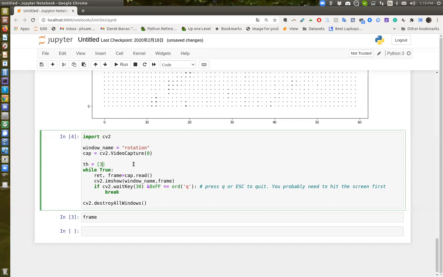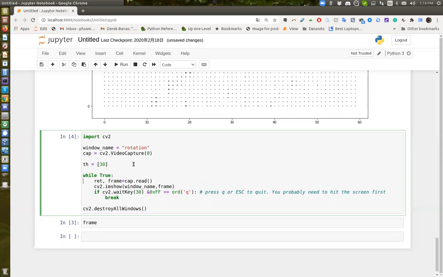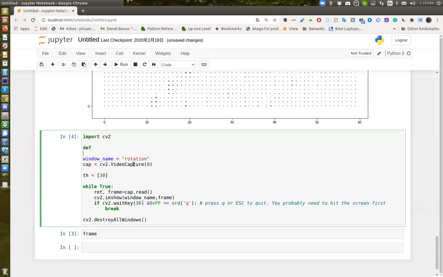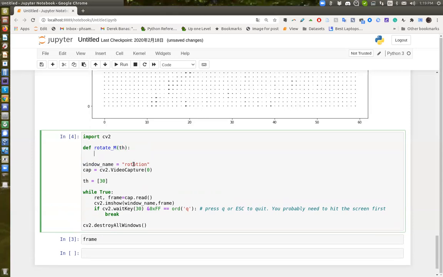So let's say I start with some theta, like 30 degrees. Now I try to rotate that. First I want to generate the matrix, so let me define a function to generate the matrix. Let's say I call it rotate M, and I have the input theta there.